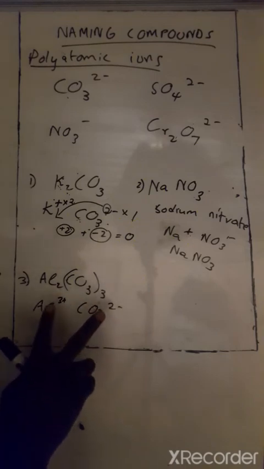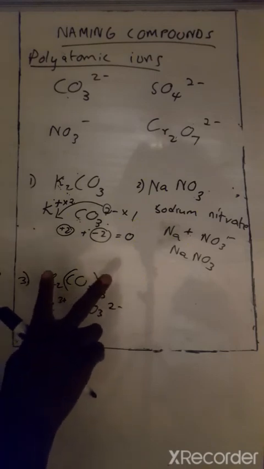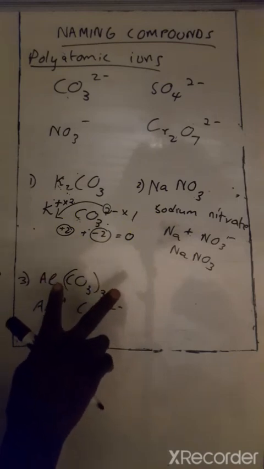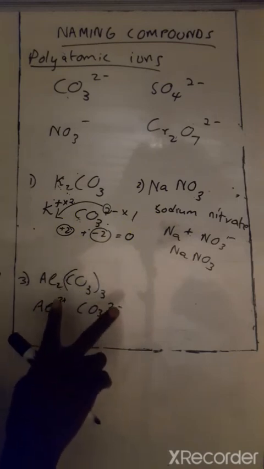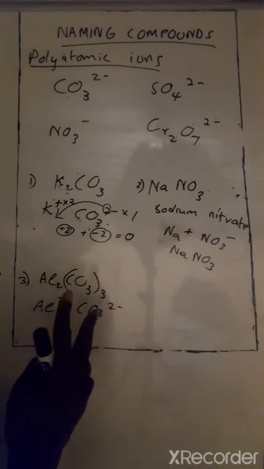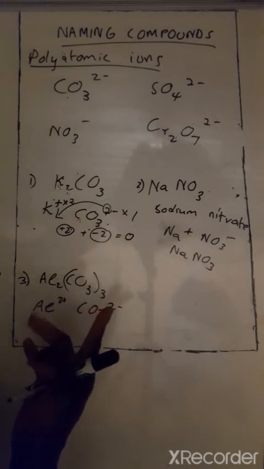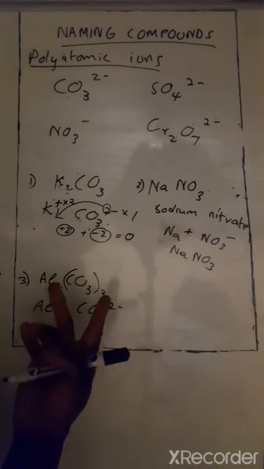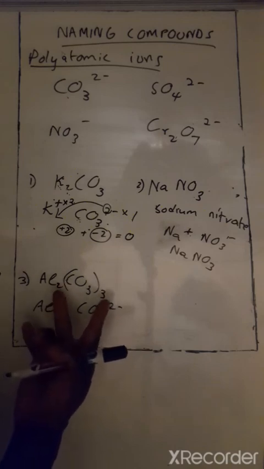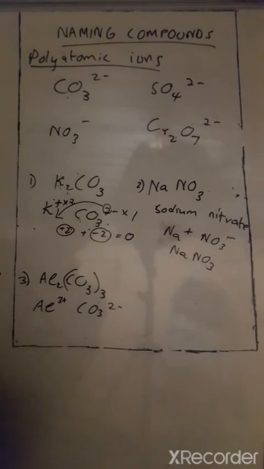Check. Initially we had aluminium 3 and carbonate 2. If I swap them, the 2 goes this side and the 3 goes this side. Bringing them down, you'll end up having the 3 this side and the 2 this side. That's one of those methods. Anyway, you choose the one that works better for you.